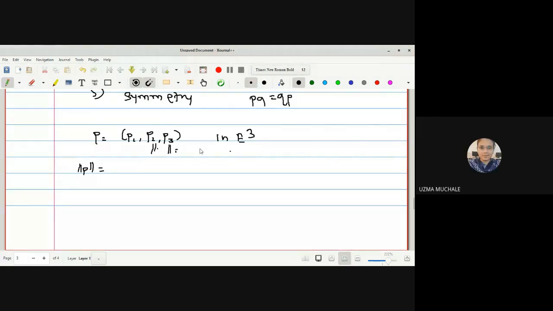R3 to R. R3 to R or C, no? And how is the norm defined? Square root of P1 square plus P2 square plus P3 square. This is the definition of norm, or you can say it is P dot P raised to 1/2, norm of P.